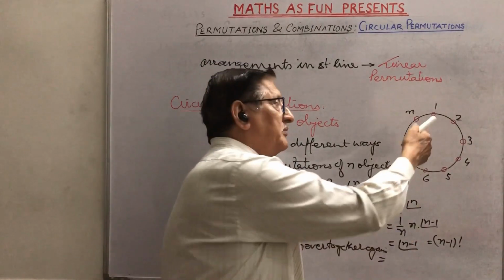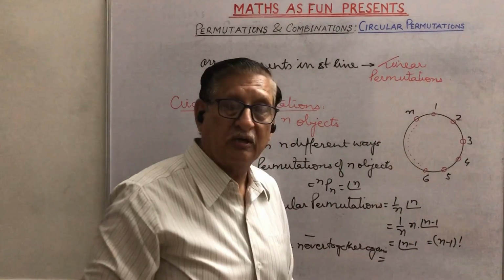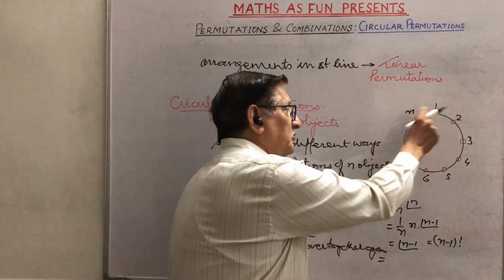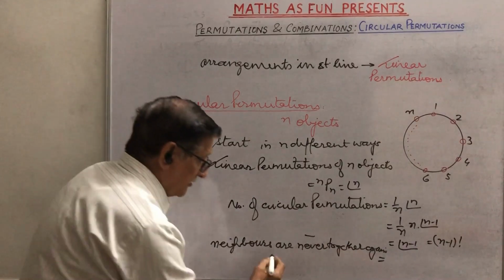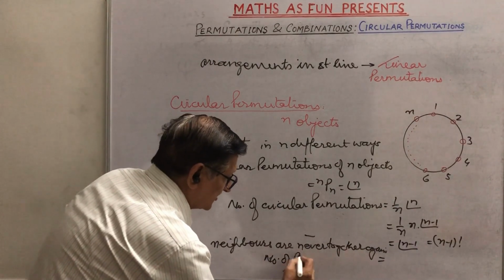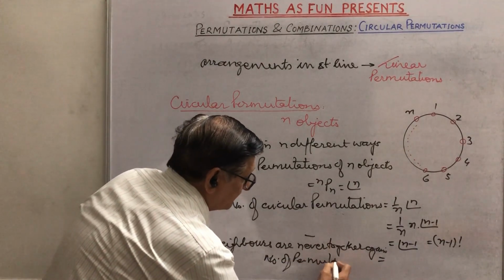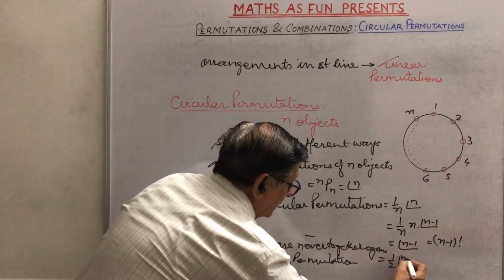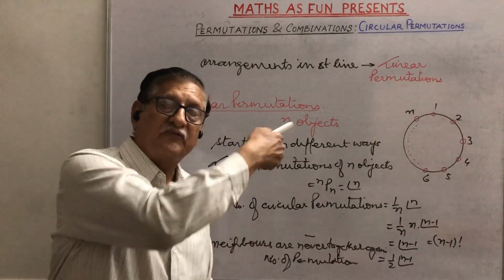But certainly they will be together in the second order again, and hence the number of such permutations will be equal to half of factorial n minus 1. That is just half of the orders.